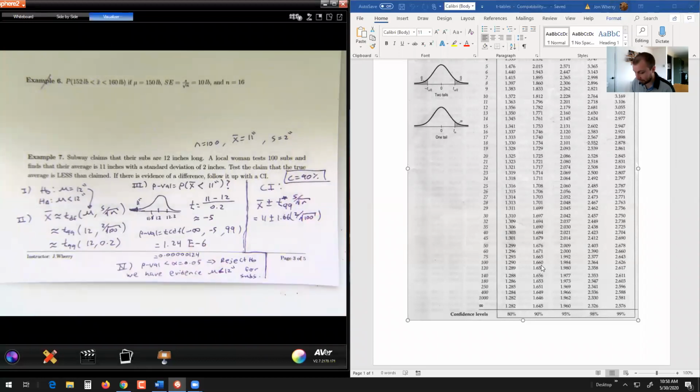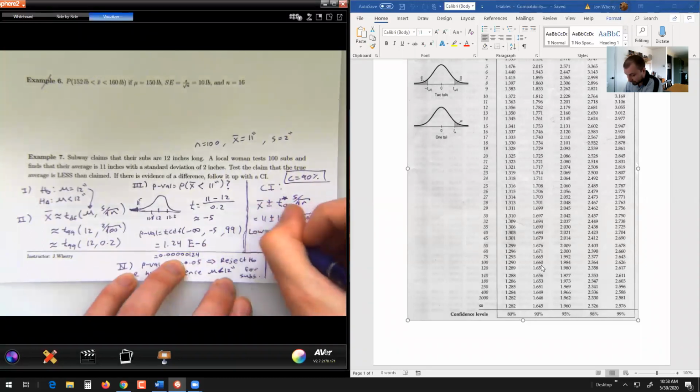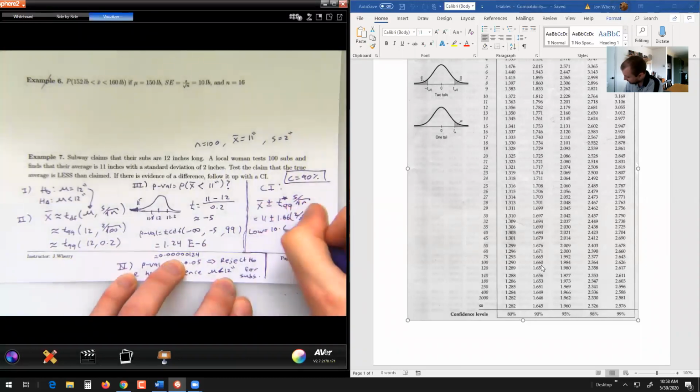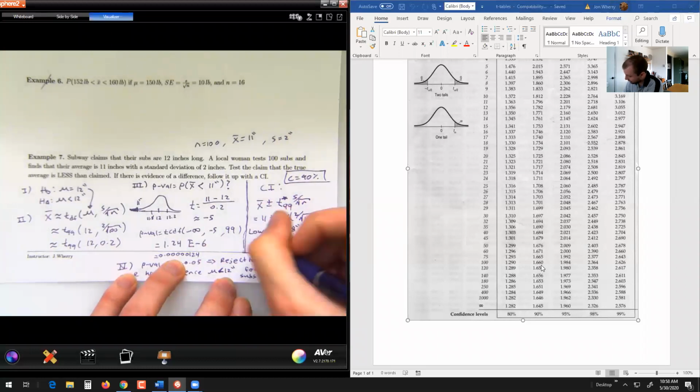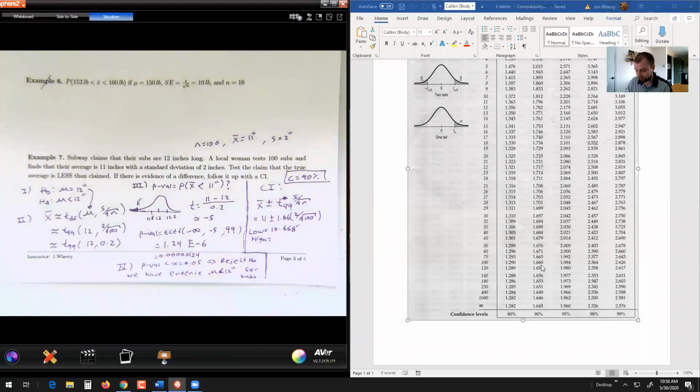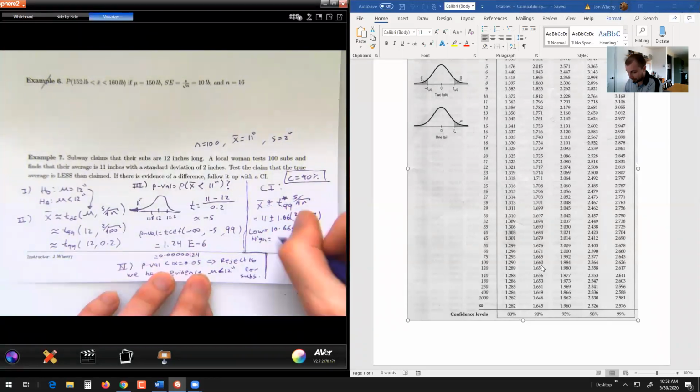I'm going to type this into my calculator once with the minus. 11 minus 1.66 times 2 over the square root of 100. On the low end, this gives me 10.668 inches. I'm going to do the same thing again, this time with a plus. And this gives me 11.332 inches.